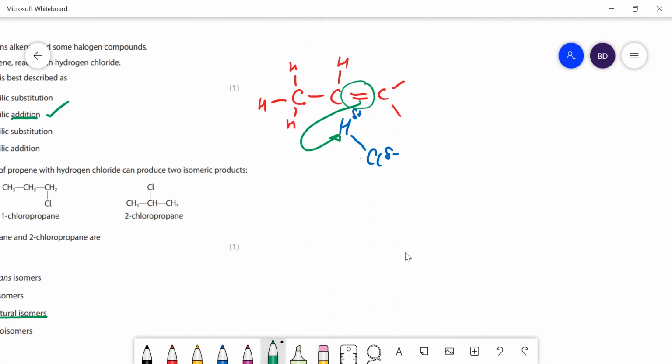And when the pi bond breaks there and this curly arrow goes onto the hydrogen, then the pair of electrons between the hydrogen and chlorine has got to break. Now the hydrogen can stick to either that yellow carbon or to that purple carbon, but to produce 2-chloropropane it is going to stick to the purple one. So let's draw that. So we end up with this intermediate. There we've got our new hydrogen stuck onto that carbon there.